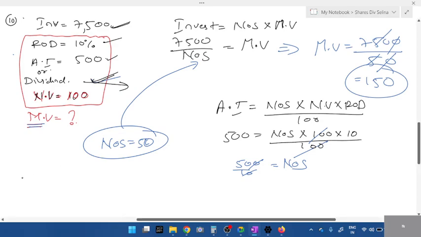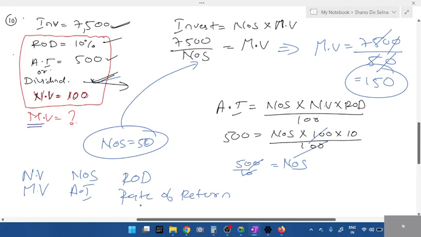See, in any question in shares and dividend, there are only these things. They'll ask you to find nominal value, market value, number of shares, annual income, ROD, rate of dividend, or what else is left? Rate of return is also known as profit percent, or if they lost.